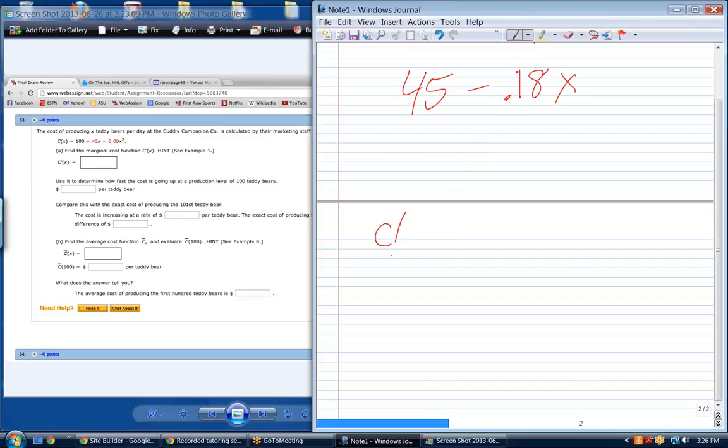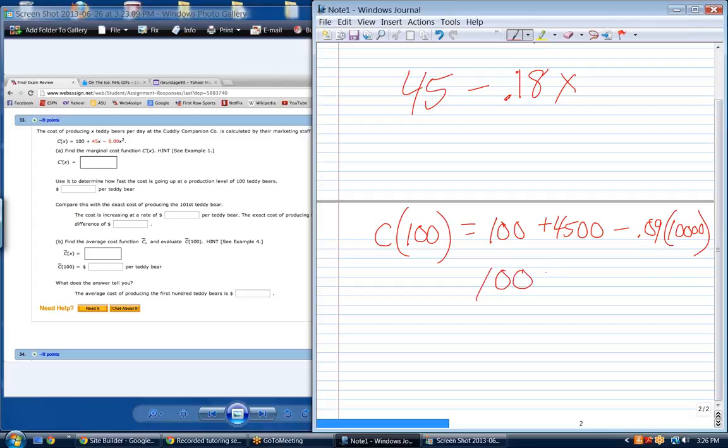So C of 100, now this is not C prime, this is C of 100, is going to be 100 plus 4,500 minus 0.09 times that, which is 900.